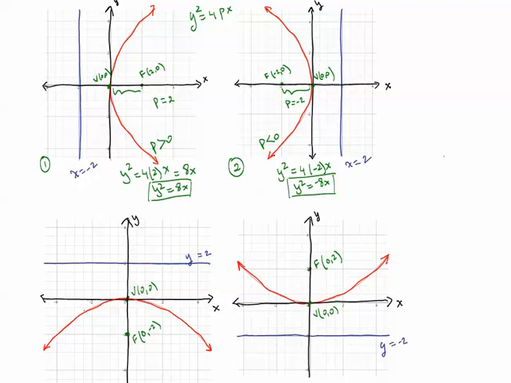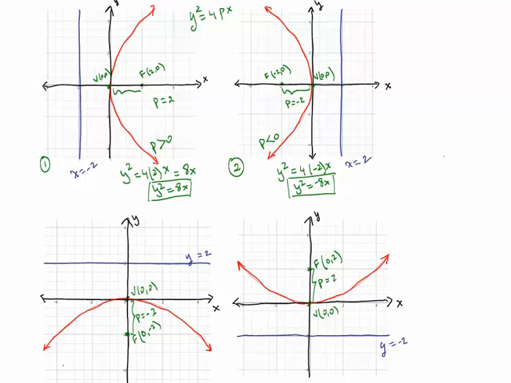For this one here, as we've seen in the definition and the graph shown earlier, the parabola opens downward. If the parabola opens toward the negative side of y, then the distance is 2, but p is negative 2. And here it opens upward, so p is equal to 2.